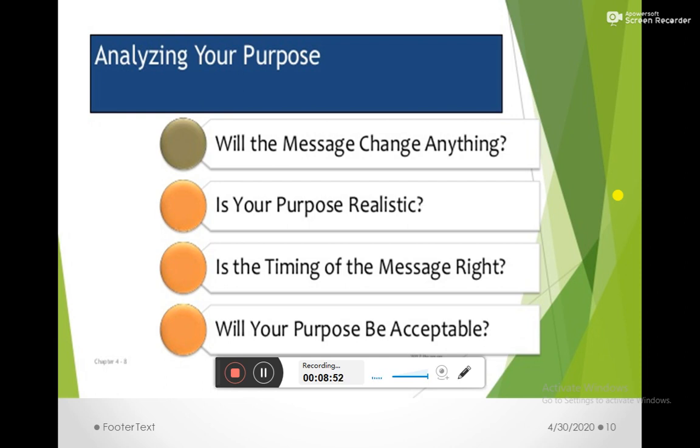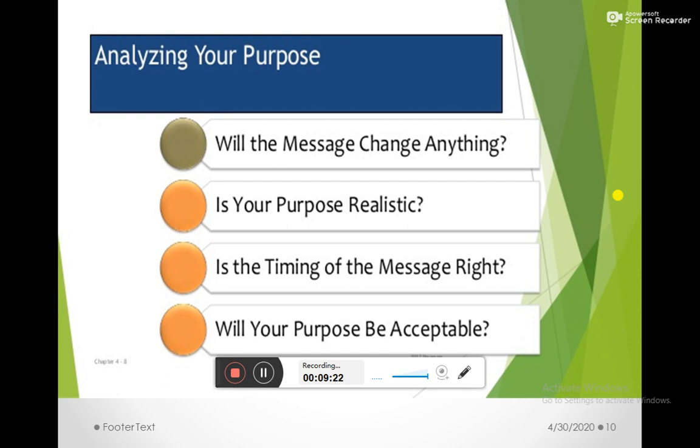So you will ask yourself the fourth question: will your purpose be acceptable to the organization or not? Your company's business objectives and policies, and even laws that apply to your industry, may dictate whether a given purpose is acceptable or not.